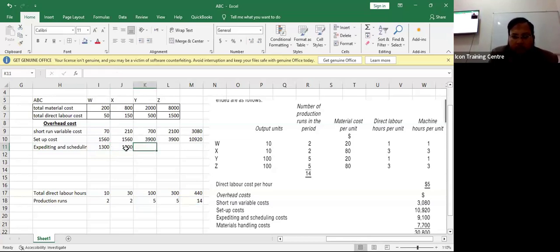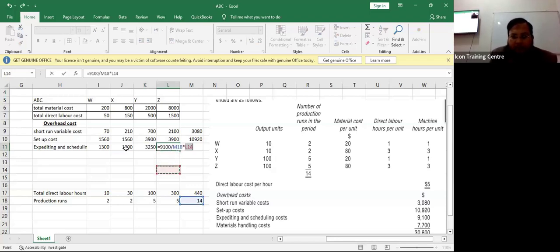Then 9100 divided by 14 multiplied by 5, right, sir? And again 9100 divided by 14 multiplied by 5. So again, the sum should be equal to 9100.